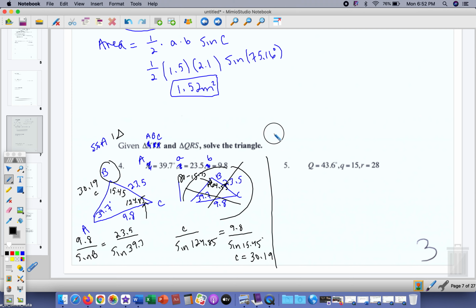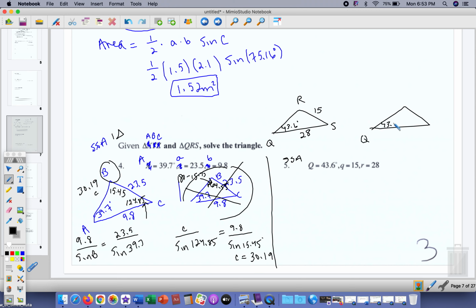So it says QRS. I'm going to relabel this. So Q is 43.6 degrees. Little q is 15. Little r is 28. So this again is a side-side angle, right? So you could draw two triangles.